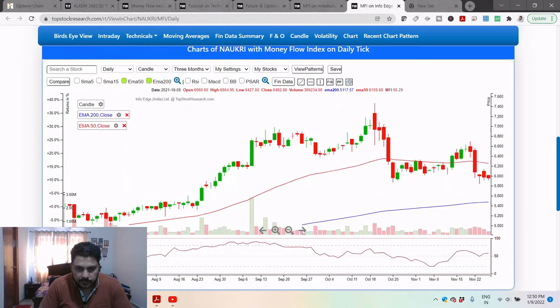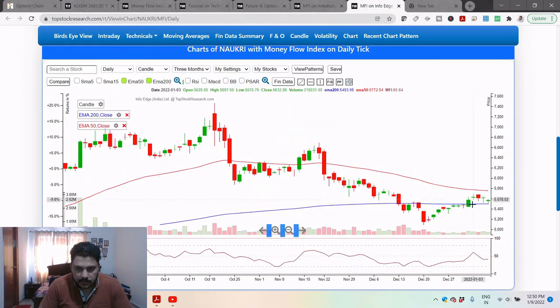Let's check. Yes, the price is below 50 and at the 200 period moving average. So this is also not giving any indication. Any candle closing above this 50 will be a good entry point for us to buy. Even the volumes are not there at the moment.